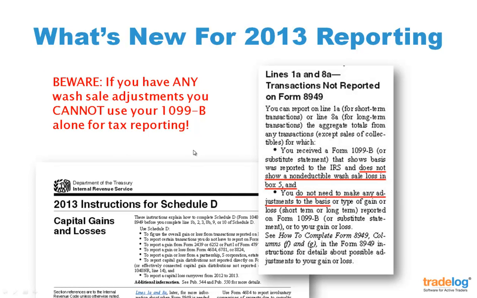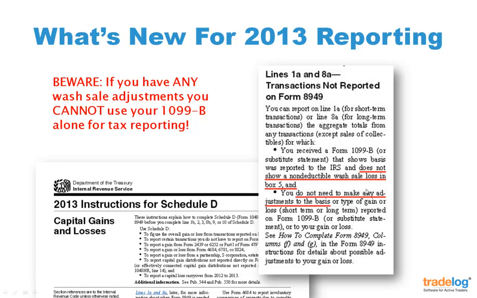So if we go to the instructions for Schedule D for lines 1A and 8A, you'll notice there are 2 requirements. If you're going to use those lines and basically just report your totals, the first requirement says the 1099-B would have to show the cost basis and not show a non-deductible wash sale loss in box 5.